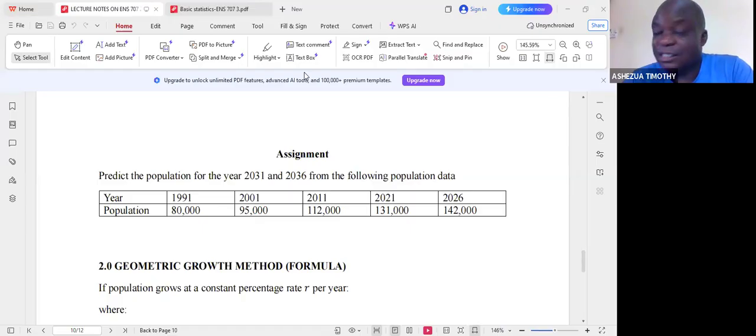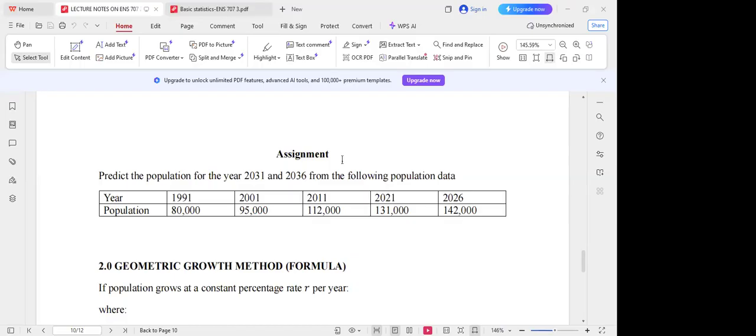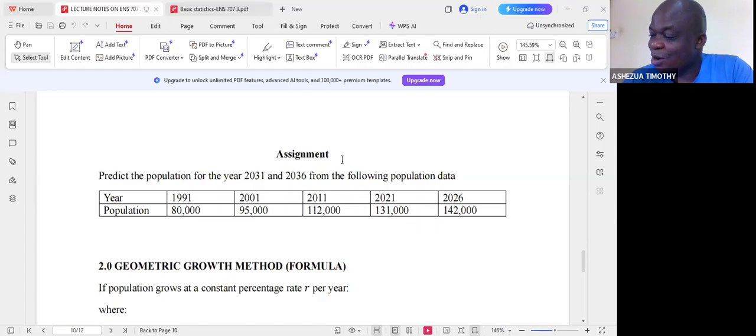How about for 2036? 160,250. How come I have for 2031, 151,700, while for 2036, I have 161,400?